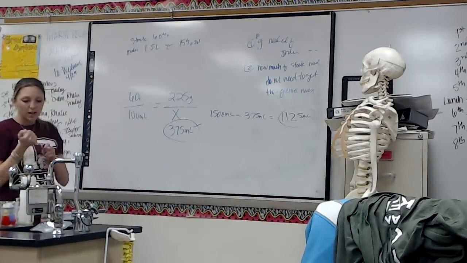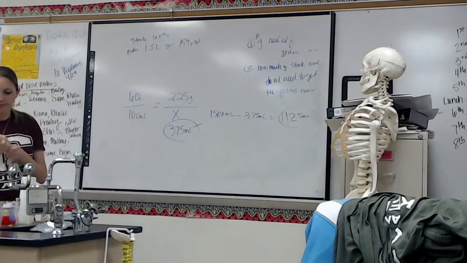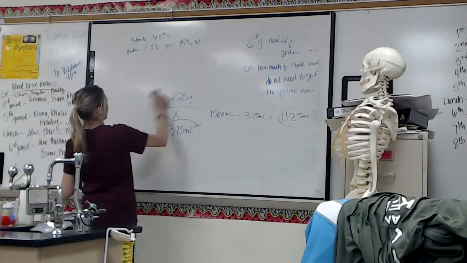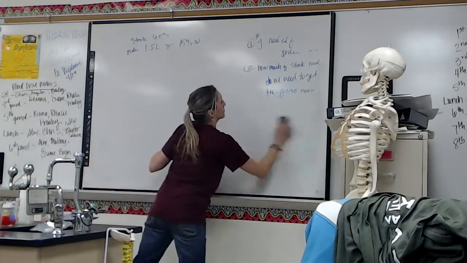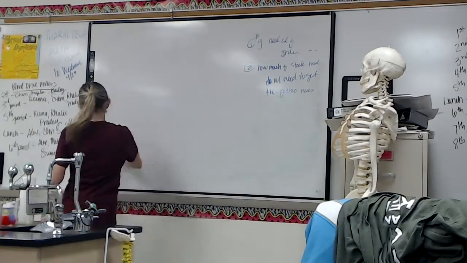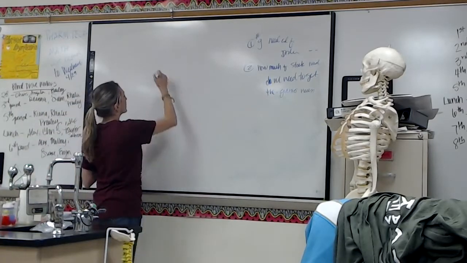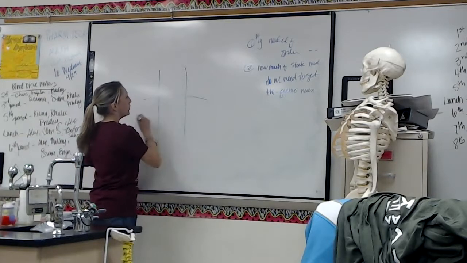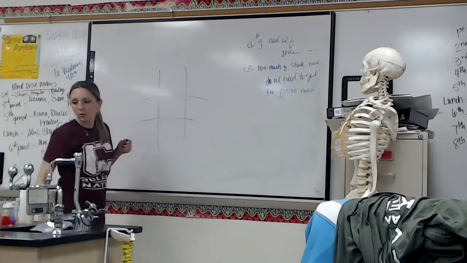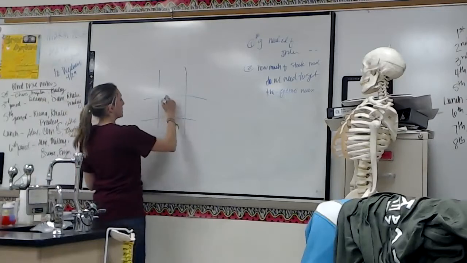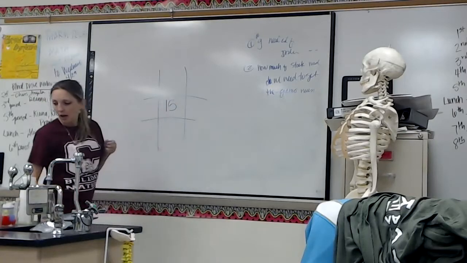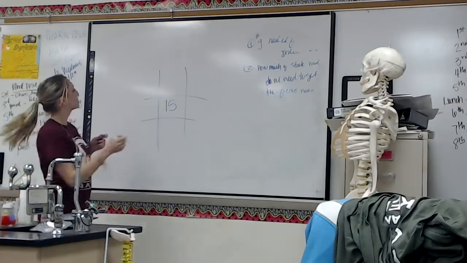Now let's work this out alligation-wise again. Alligation, tic-tac-toe. In the middle, we put the percentage that we want, which in this case is 15%. At the top left, we put what percentage we have.